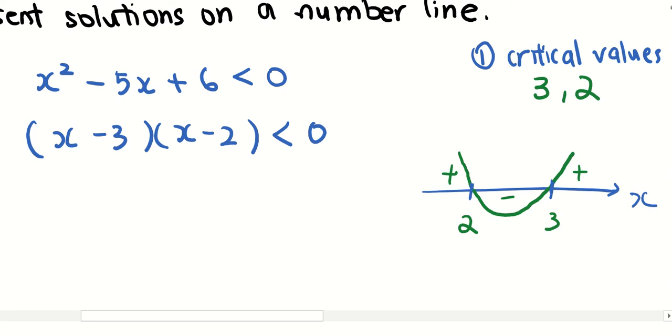Final step, solving. I look at my inequality sign, less than 0. So which region should I look at if it's less than 0? Below, the negative, the middle region over here, right? And what is my final solution?